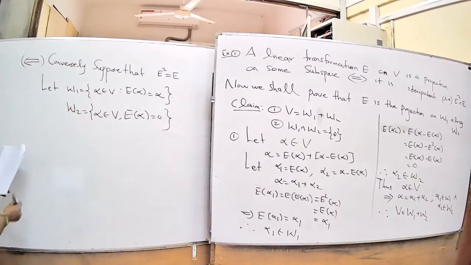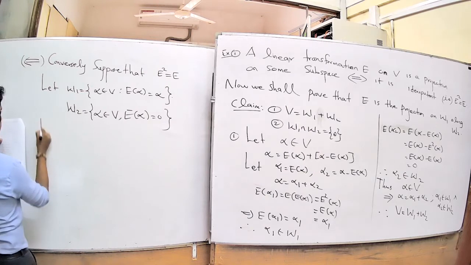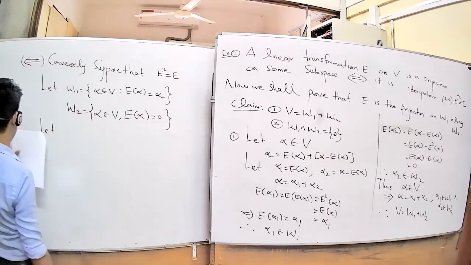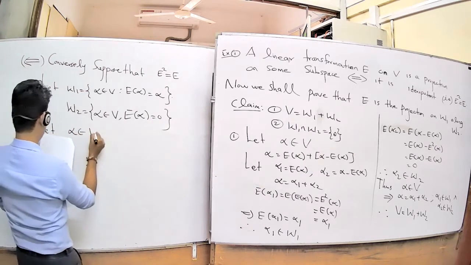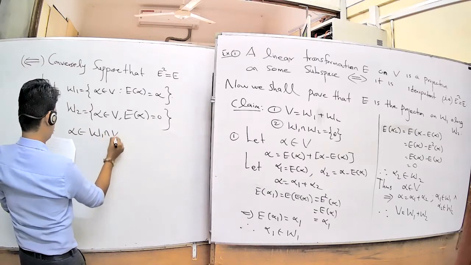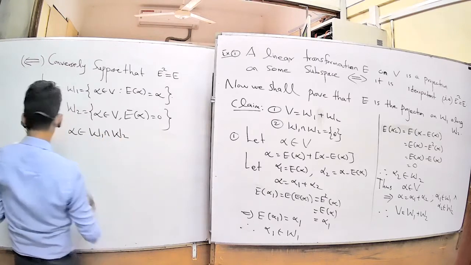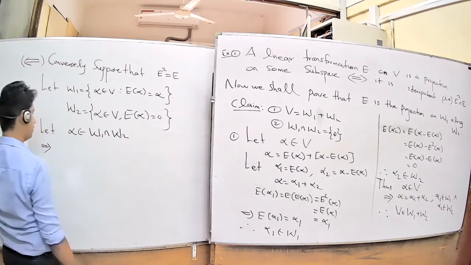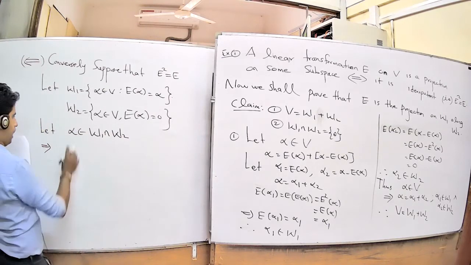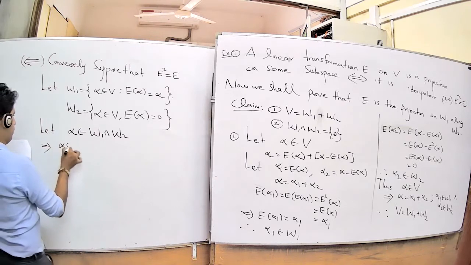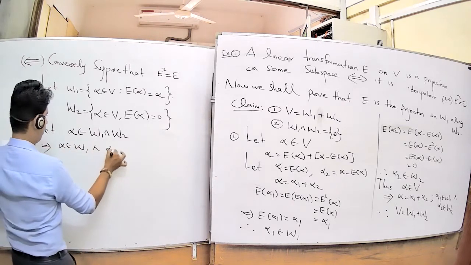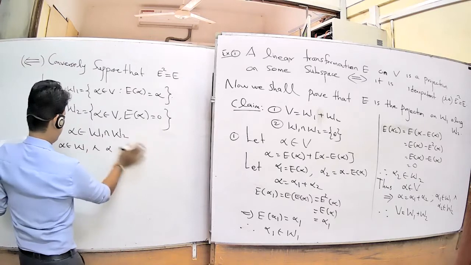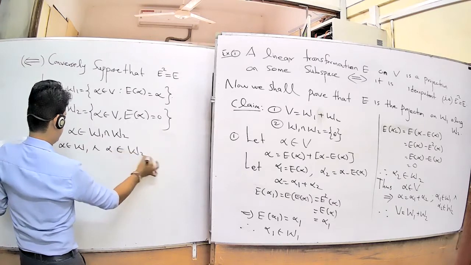Let alpha belong to W1 intersection W2. Now we want to show that alpha equals 0. Therefore, alpha belongs to W1 and alpha belongs to W2.